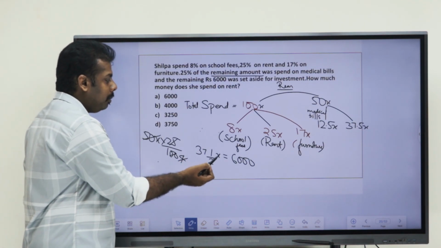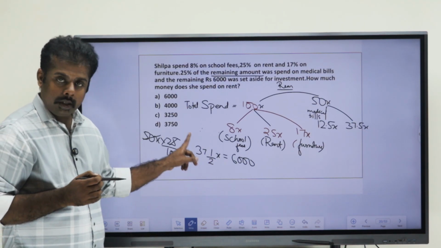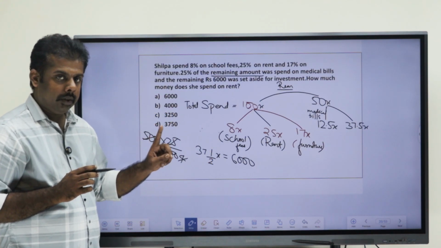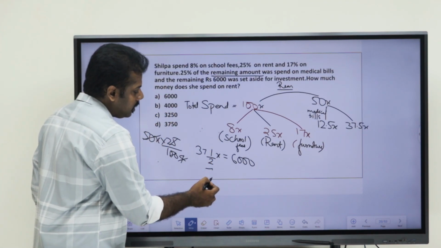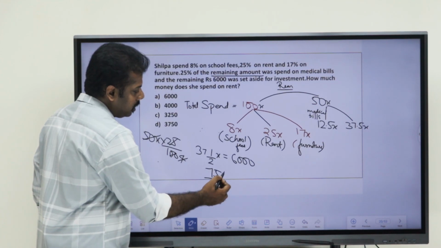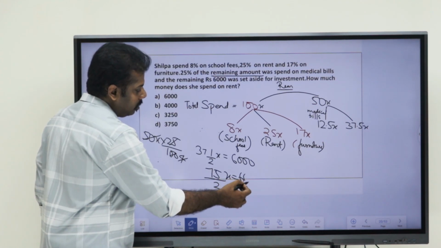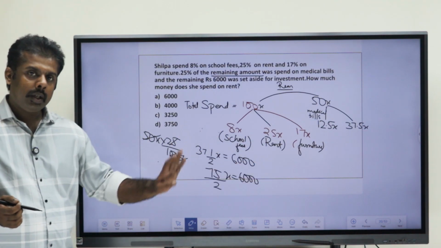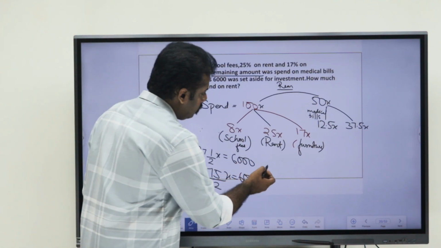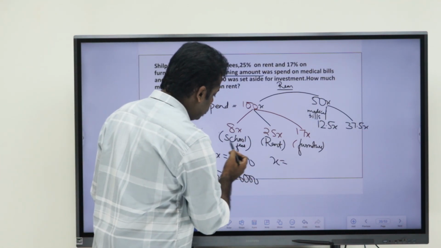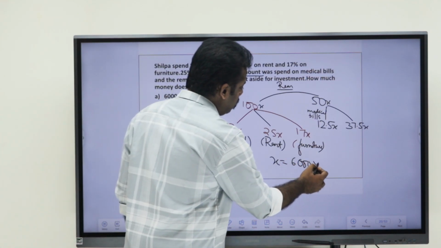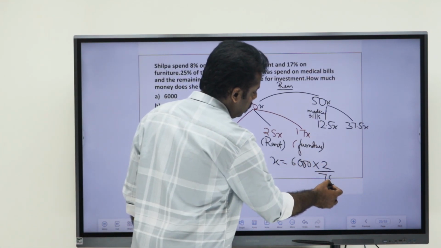If you make it a proper fraction, 37 into 2 plus 1: 37 into 2 is 74, plus 1 gives us 75. So 75 by 2x is 6,000. Now take this 75 by 2 to that side. So x is 6,000 into 2 by 75.